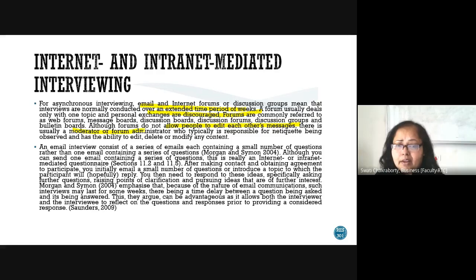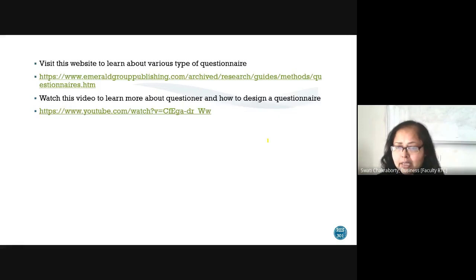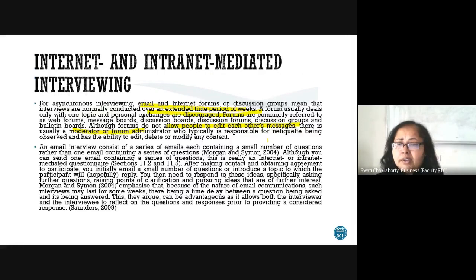That is the case with an asynchronous interview. But in a synchronous interview, where you basically have a chat, everyone can edit answers and see each other's answers, and that's much more effective, right?